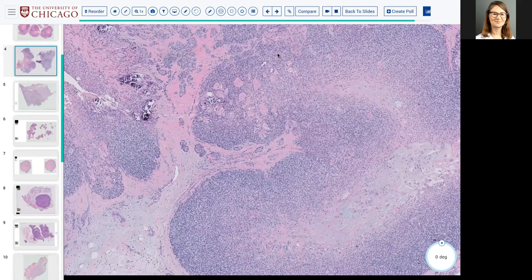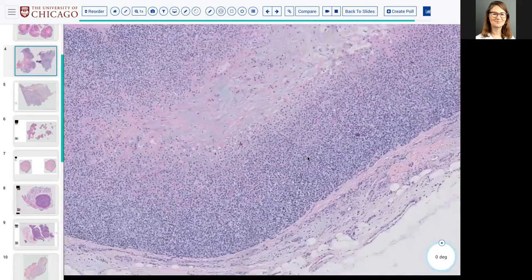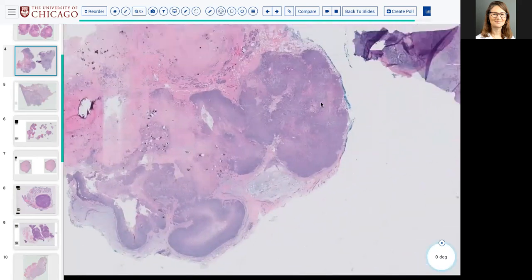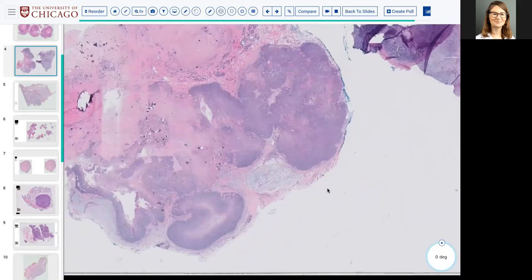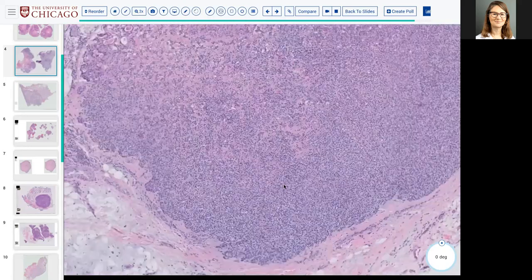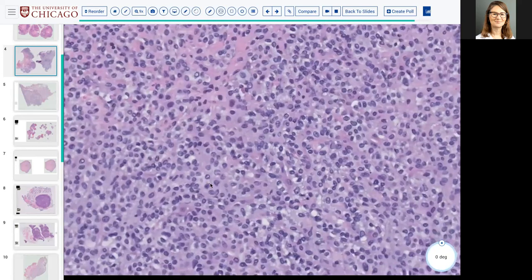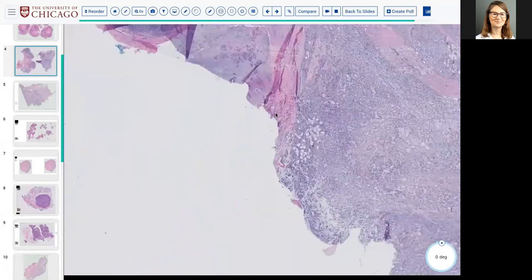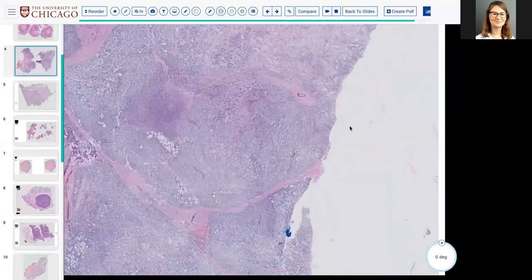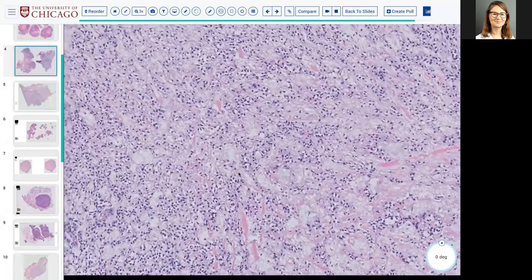So I think the point here is, one, we're all seeing something that is highly cellular that appears to have some kind of invasive growth pattern in terms of these multiple lobules. Two, it has cells that in areas have small wrinkled nuclei with some cleared cytoplasm, and in areas some myxoid material that we have to distinguish.